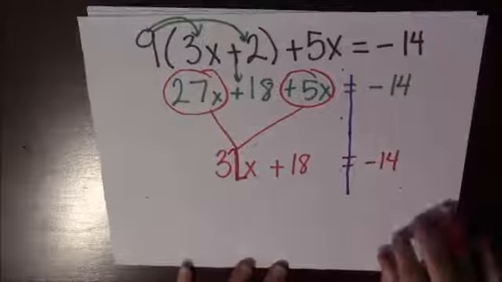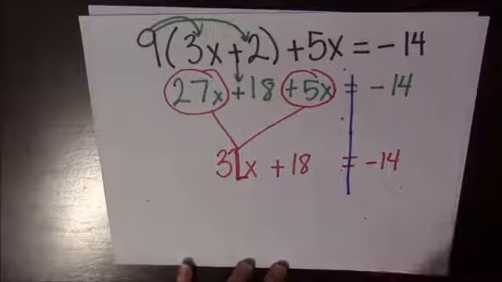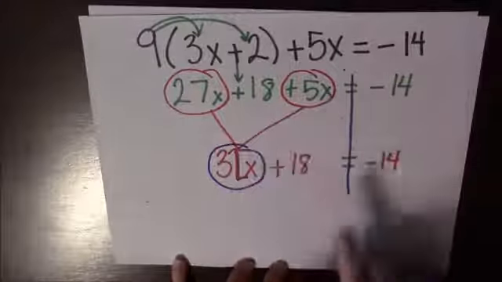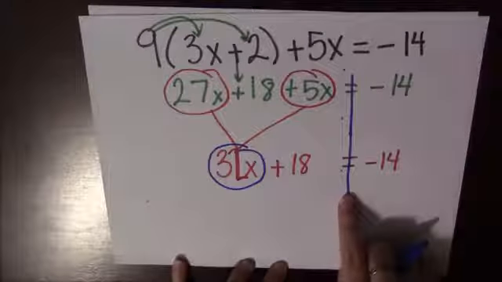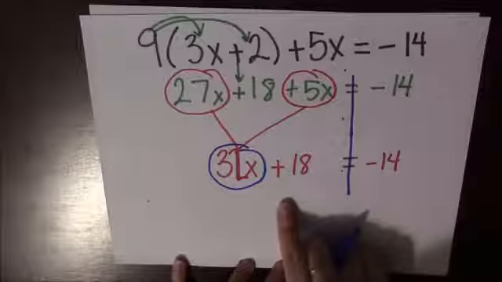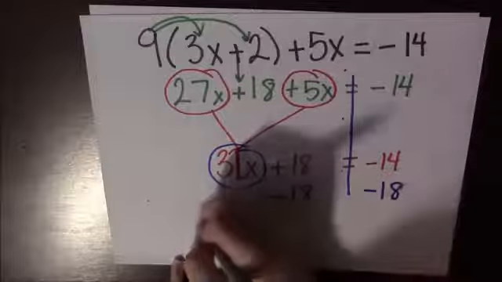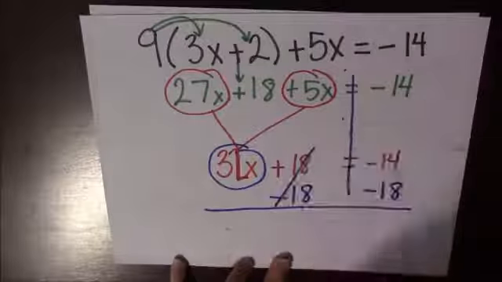32 times x plus 18 equals negative 14. I circle my variable and coefficient. My river has already been drawn for me. So how do I get rid of plus 18? I subtract 18 from both sides. These cancel.